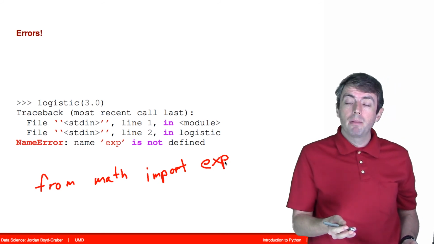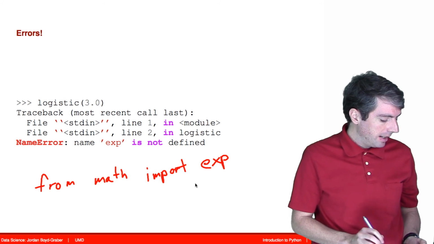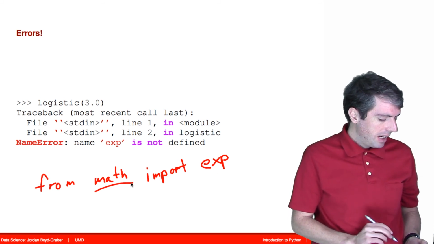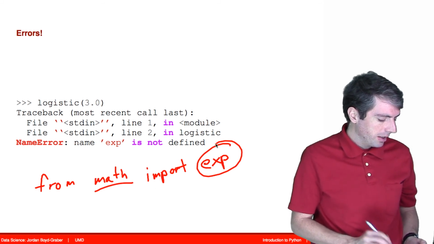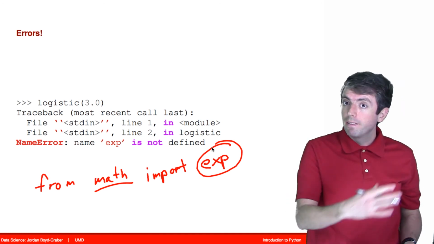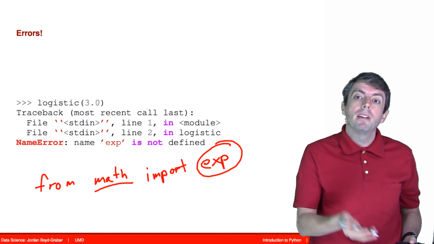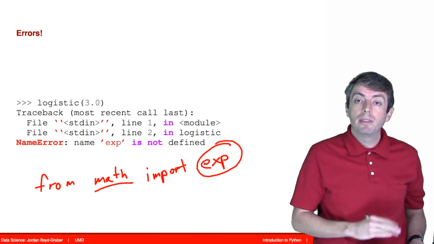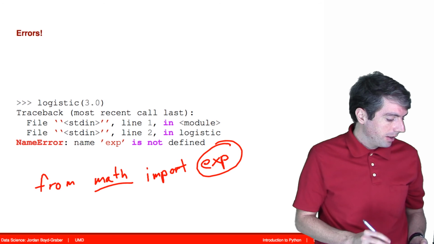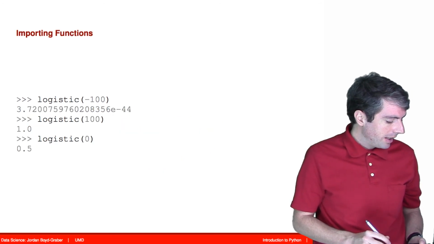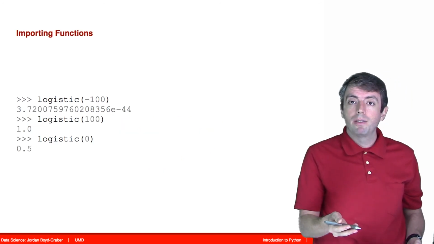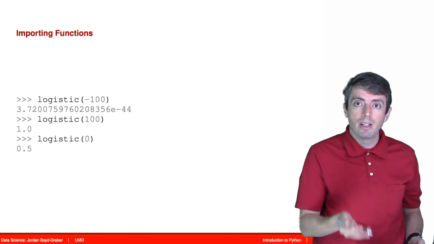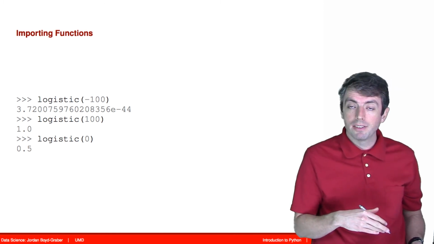If we type that command into Python, it will look in a library called math and try to find a function called exp. Thankfully that exists, and now it will have this standard mathematical function, and you can use it in functions like the logistic function. And so after we have done that, we can now type in various values into the logistic function and then get an answer.